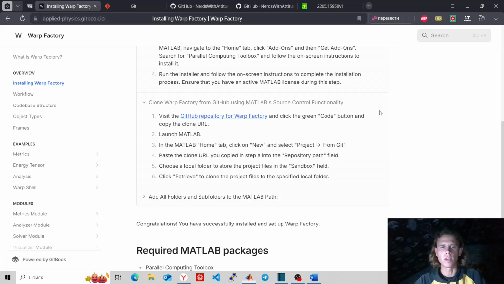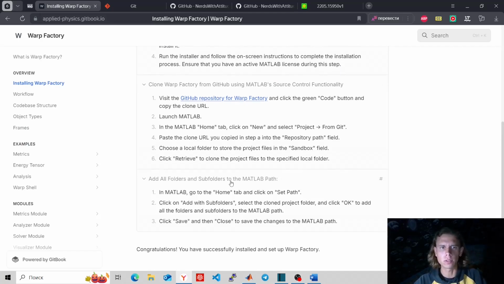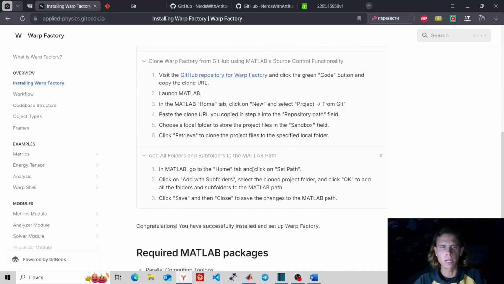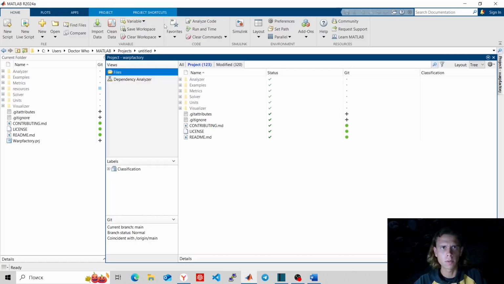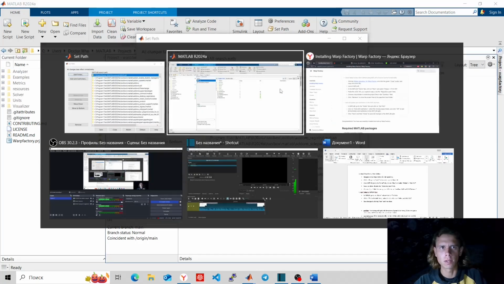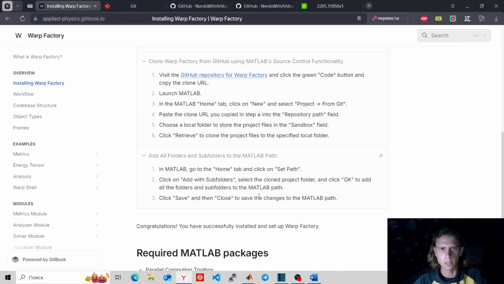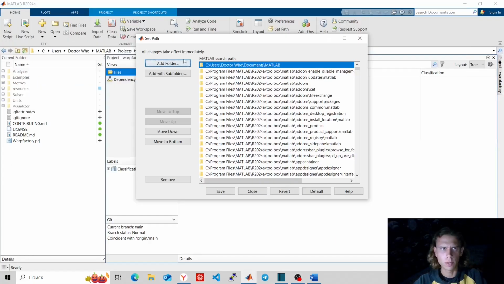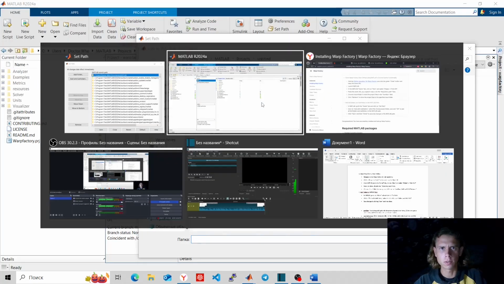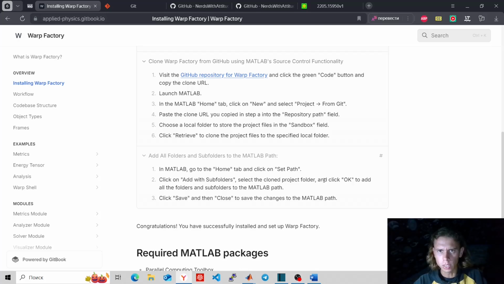Really nice. Then we need to add all folders and subfolders to the MATLAB path. So we need to go to Home, Set Path, and Add with Subfolders, select the cloned project folder, and click OK.